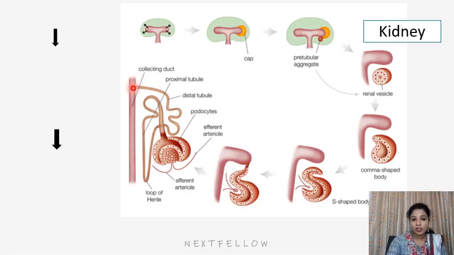And this is the collecting part, which is derived from the ureteric bud. So the collecting part joins with the nephrons to form a complete filtering structure, functional nephrons.